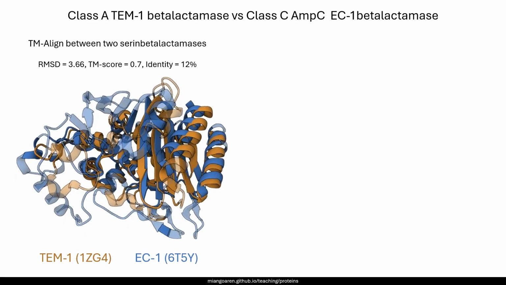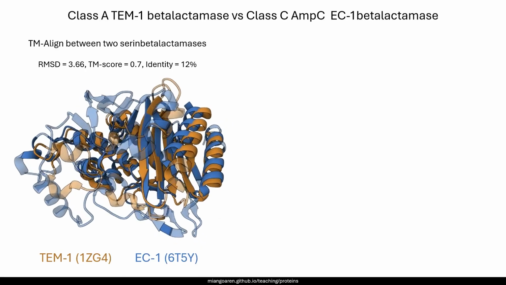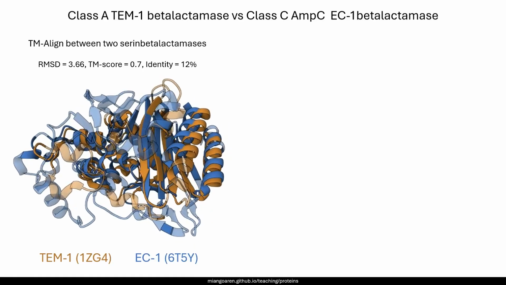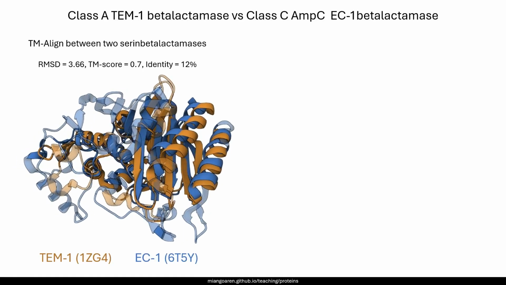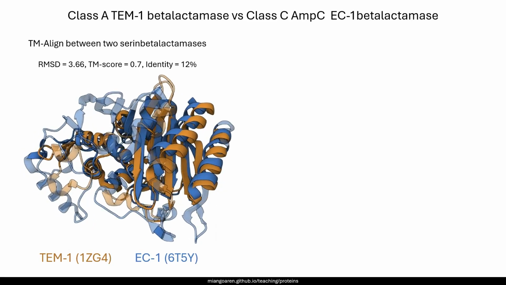We can think that they are homologous proteins, despite the fact that, as we recognize in these structures, the blue protein, which is the class C beta-lactamase, has a much more considerable structural diversity compared to the class A beta-lactamase, TEM1, which is the one presented in orange.